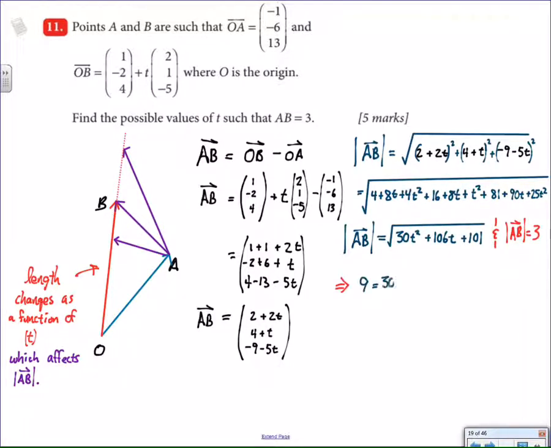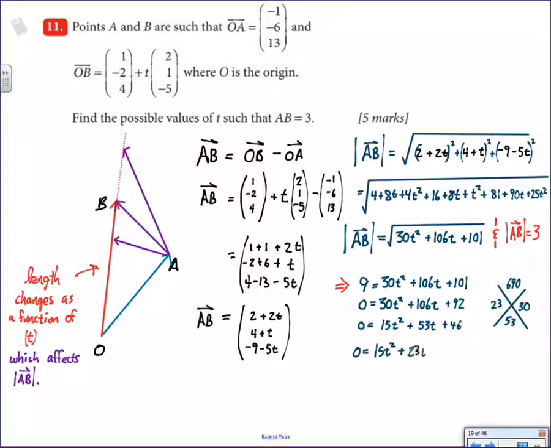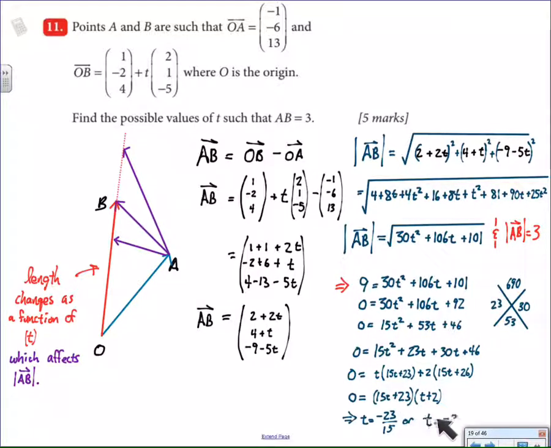Then if we square both sides, knowing that vector AB has to be 3, we're going to have 9 equals this quadratic stuff, and all this math breaks down to solving a simple, or, well, an ugly quadratic expression. I did mark this as a calculator problem, but I saw the coefficients were just so friendly that I tried to do this without a calculator, and as you can see, you can get the results without the technology. It's worth a try.